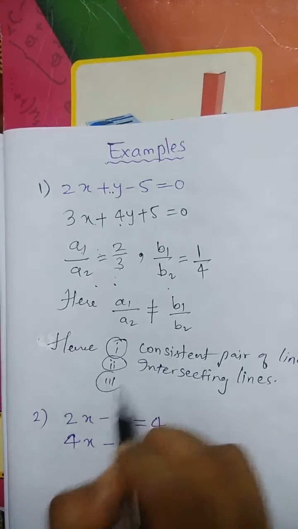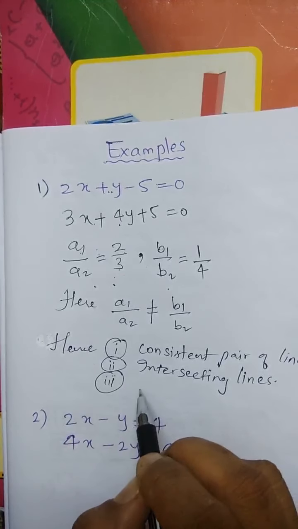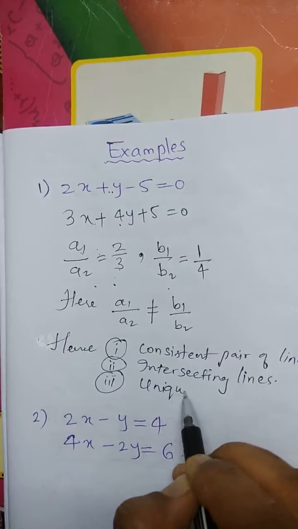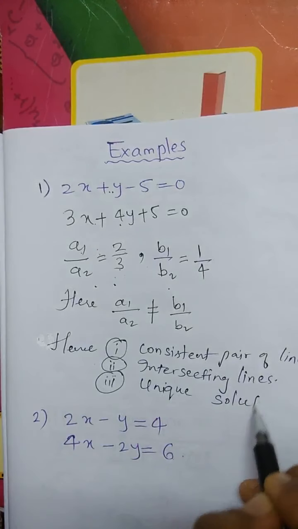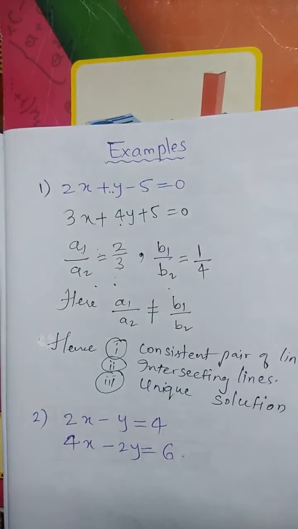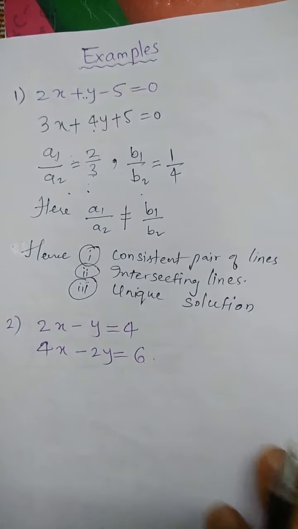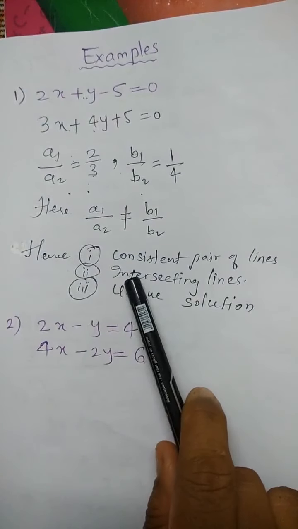On third one, how many solutions will it have? Unique solution. Unique solution means one and only one solution. Only one point is common in them. Okay, like this you have to solve such examples.